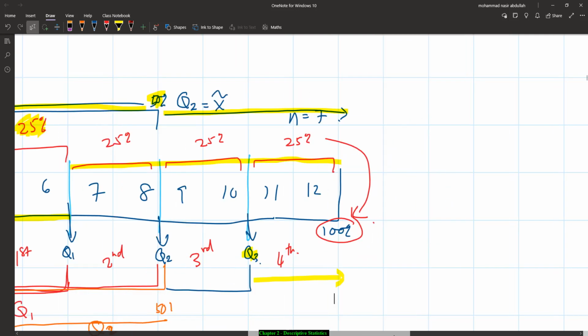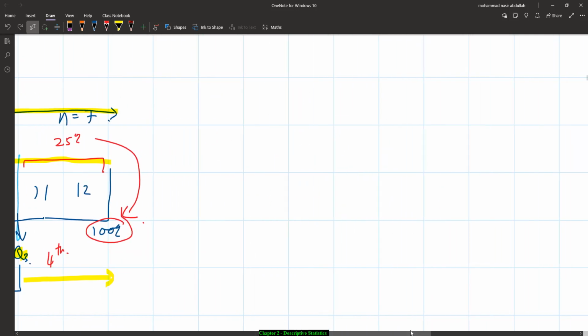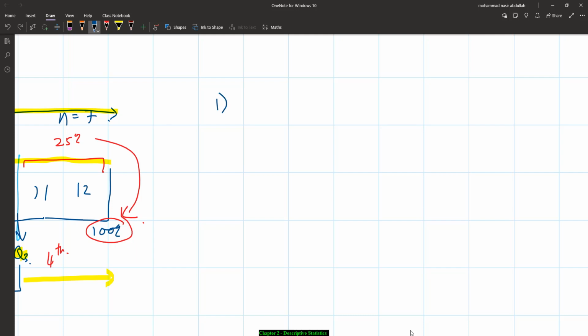So finding the location of quartile is also the same as finding the location of median. So what are the steps of finding median?